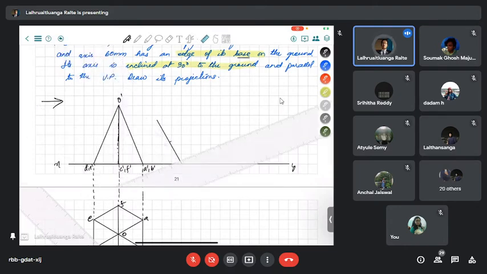So half of it is going to be where my axis is. At 30 degrees, I'm going to have an axis.